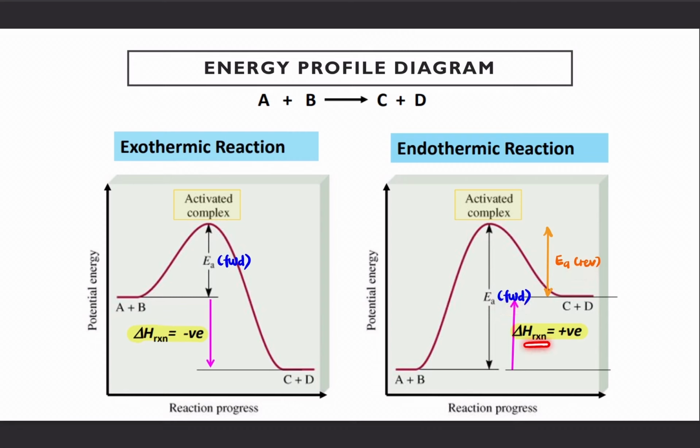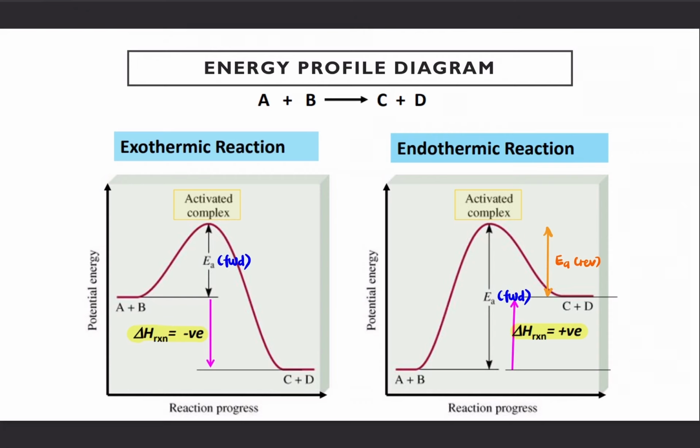And if you know your delta H, then you can just take this value, tolak with this value, modulus the value saja to get your activation energy.